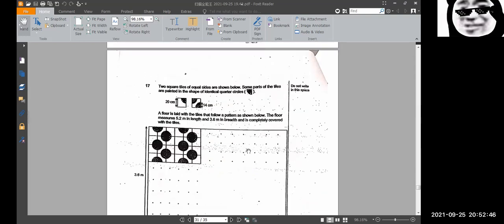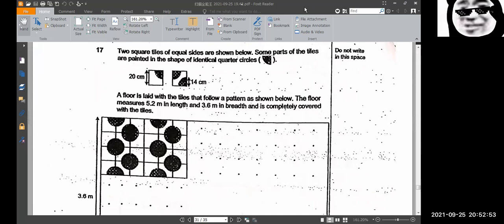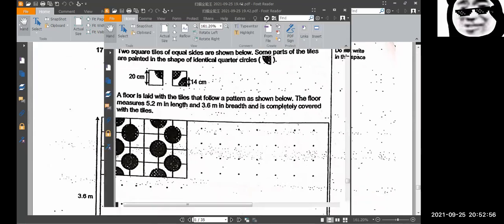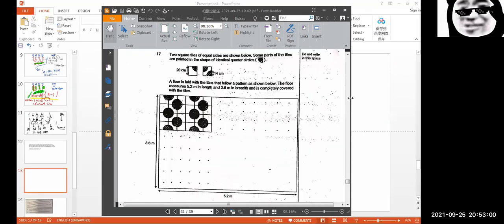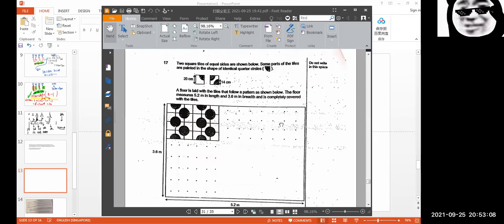First thing first, do you have any idea how to do this question? No idea. Okay. 20 minus 14 is the range. Okay, I'm not too sure, but let me get it out and talk about it in PowerPoint. I think that's better.